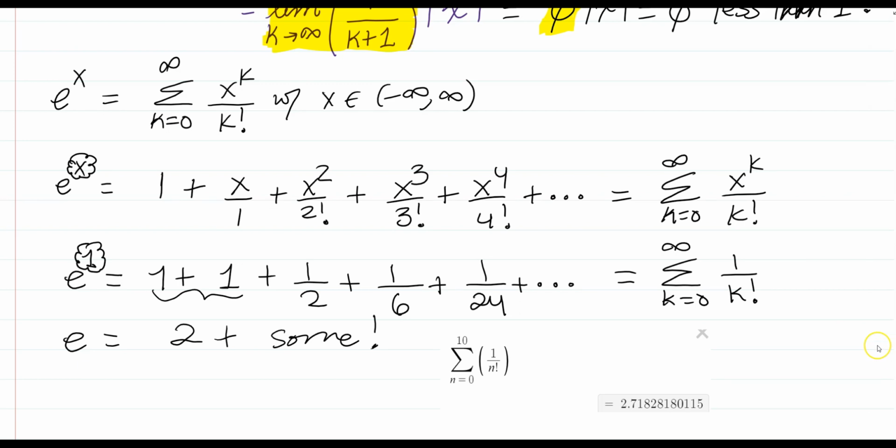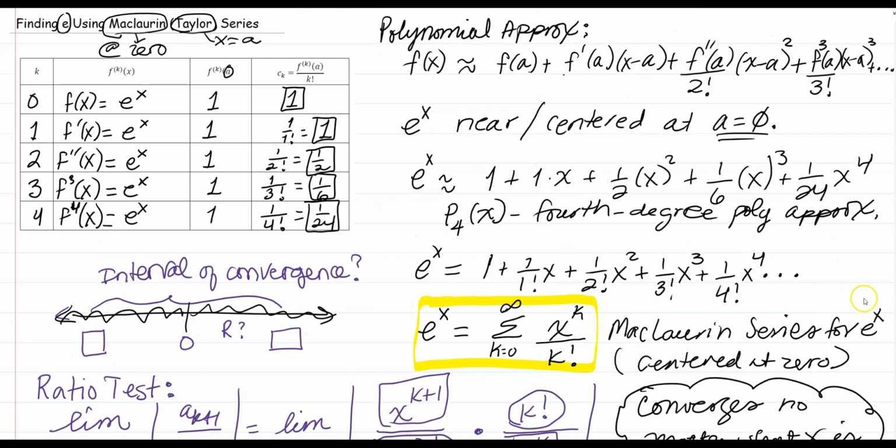So there you go. That's a really good beginning to end of the story of this unit, right? So we started out with polynomial approximation. That's our first lesson of this unit, right?